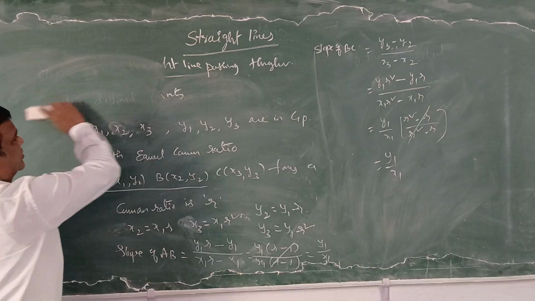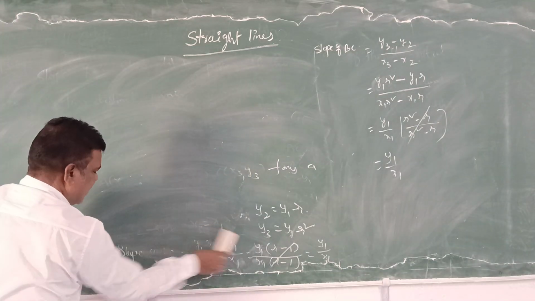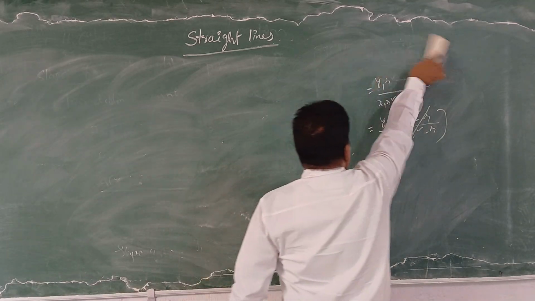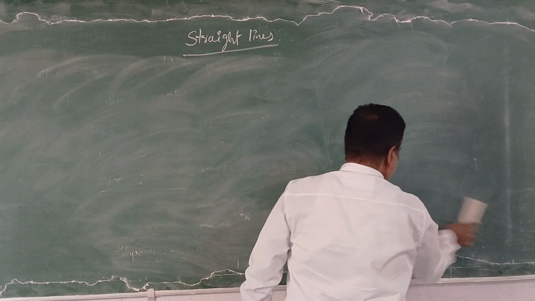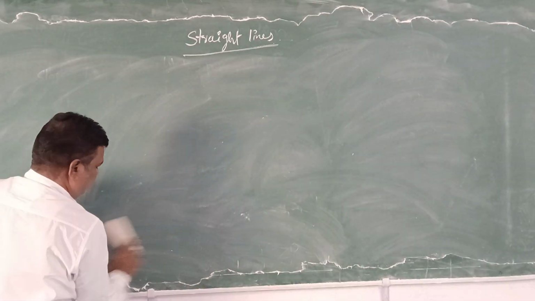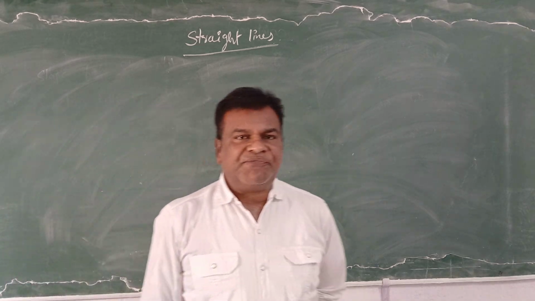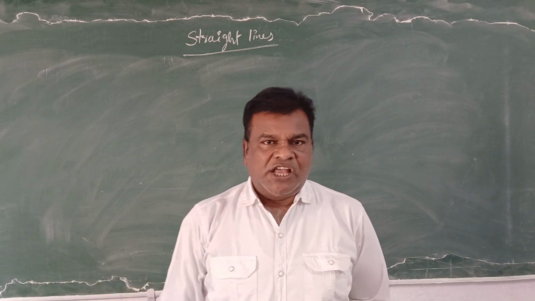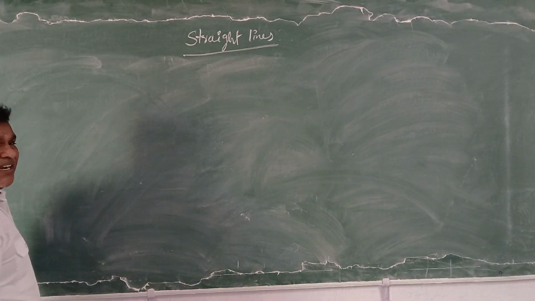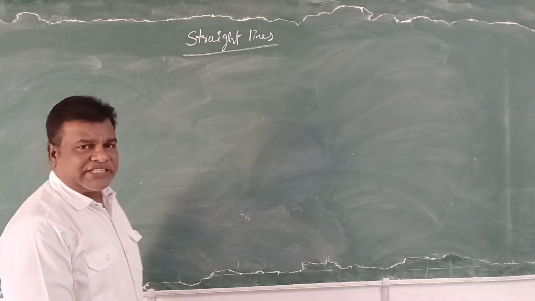Now we are going to discuss different forms of straight line. Before going to discuss different forms of straight lines, I am going to give one definition, that is intercept. What is an intercept?